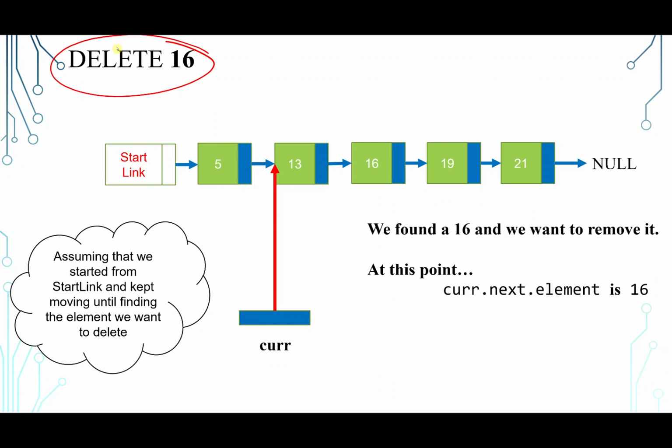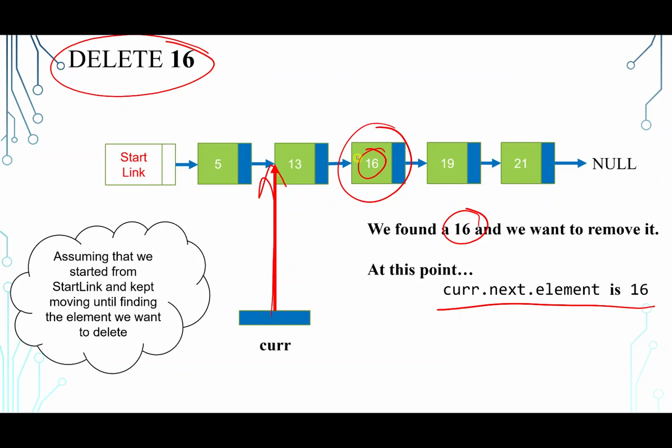Assuming that we started from the linked list and kept moving, and we reached the node before the 16, we found 16 at current.next.element. Because if you're standing at this point, your current.next is actually this. Dot element gives you this.